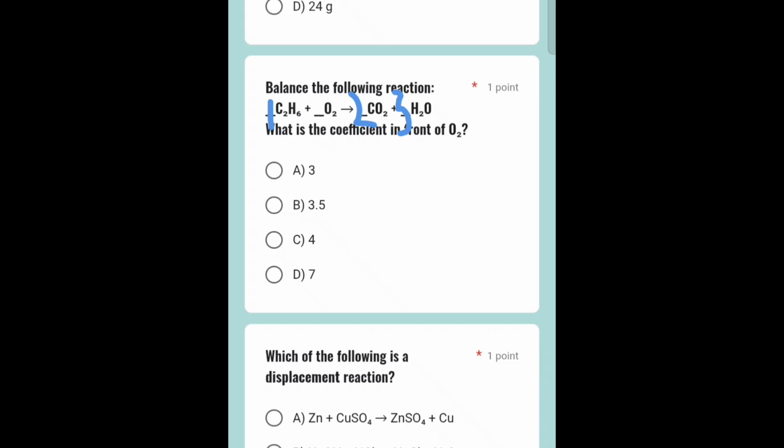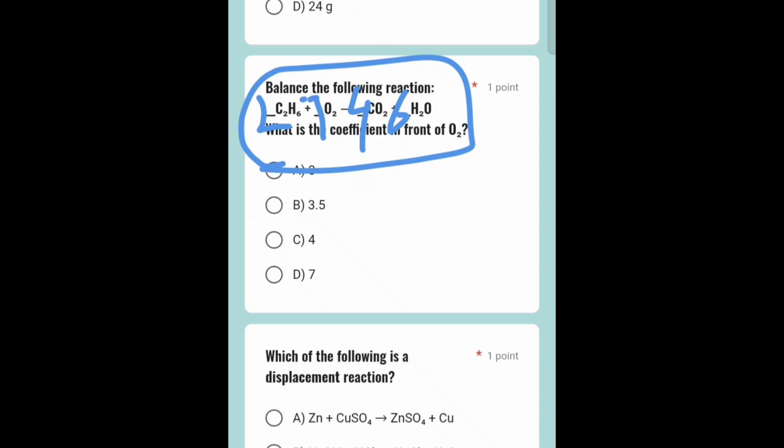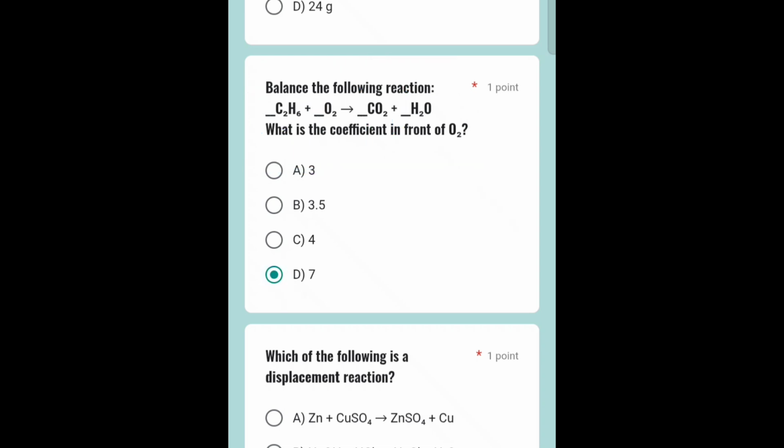So we write 7 by 2 moles of oxygen gas, or we can multiply this equation by 2 and get 2, 7, 4 and here we write 6. So this will be the balanced chemical equation, and the number of oxygen molecules will be 7.